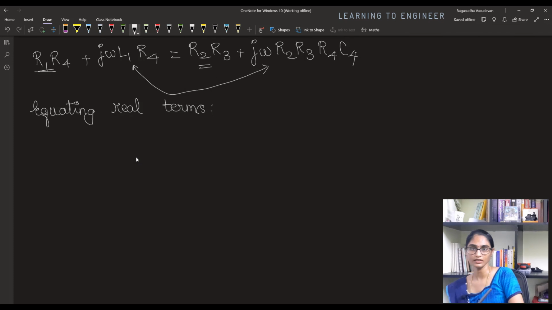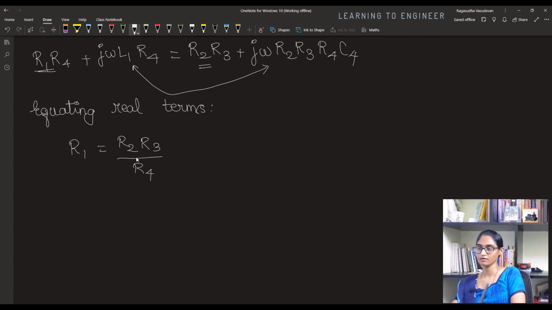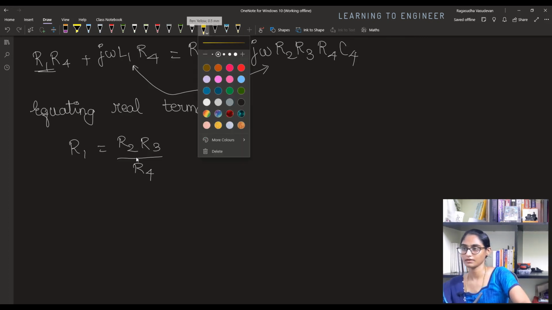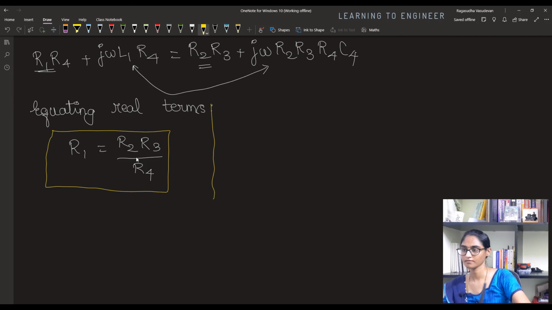On equating real terms, we get R1 equal to R2 into R3 divided by R4, where R4 is the variable resistance over here. Let's park this aside. Now let's equate the imaginary terms.